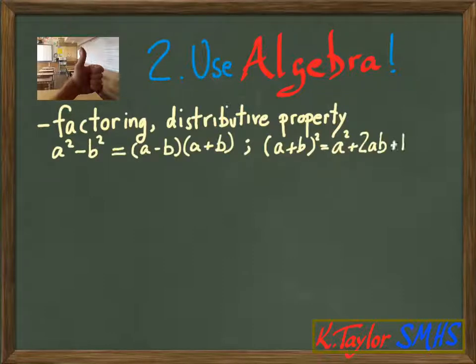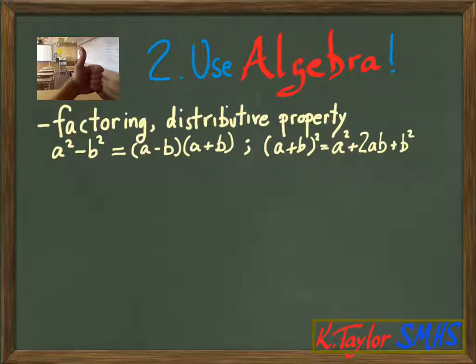And I just wanted to highlight a couple of useful tips here. The difference of squares factoring formula is going to be very useful, and also multiplying out or squaring a binomial, that's also going to be a helpful thing. So remember these algebraic structures when you're working through some of these problems. They will help you simplify expressions ultimately.